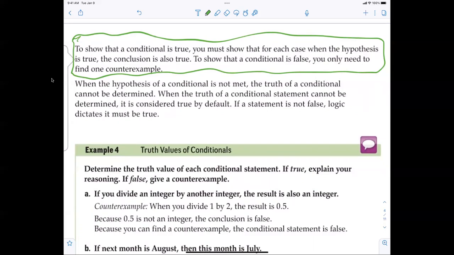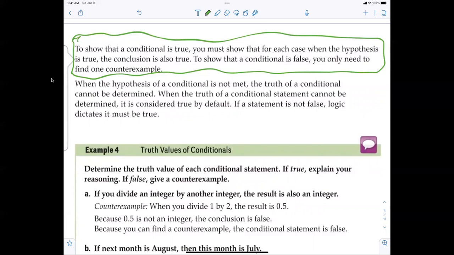When the hypothesis of a conditional is not met, the truth of the conditional cannot be determined. Let me say that again. When the hypothesis of a conditional is not met, the truth of the conditional cannot be determined. So if I don't know whether it's true or false, I would say it was false. That would be logical to me, right?